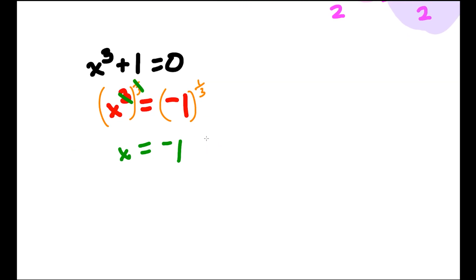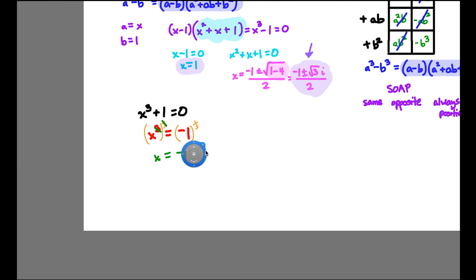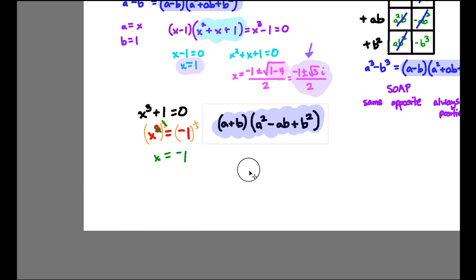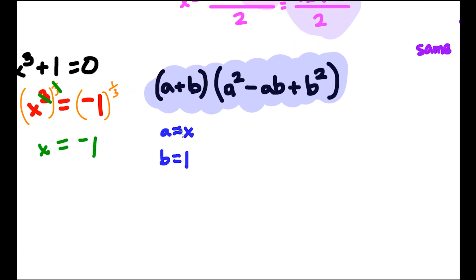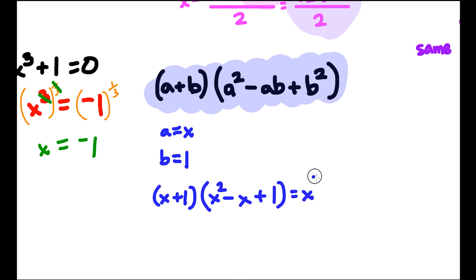We only have 1 solution here, and we are trying to find the other 2. For this particular problem, a is equal to x and b is equal to 1. That means we can rewrite this as x plus 1 times x squared minus x plus 1. This is technically equal to x cubed plus 1, which is also equal to 0.